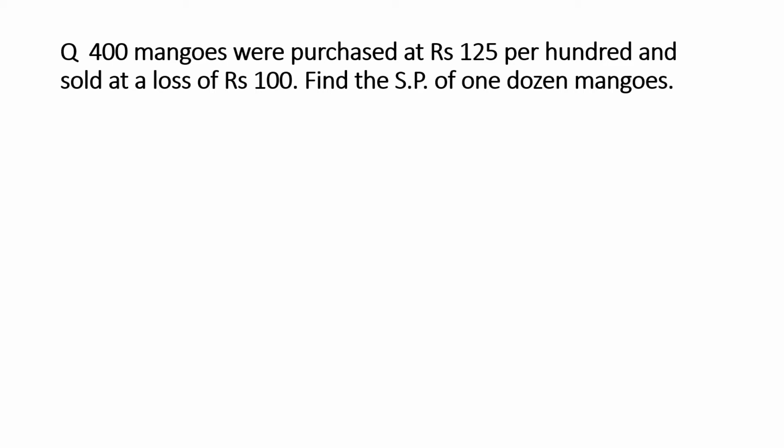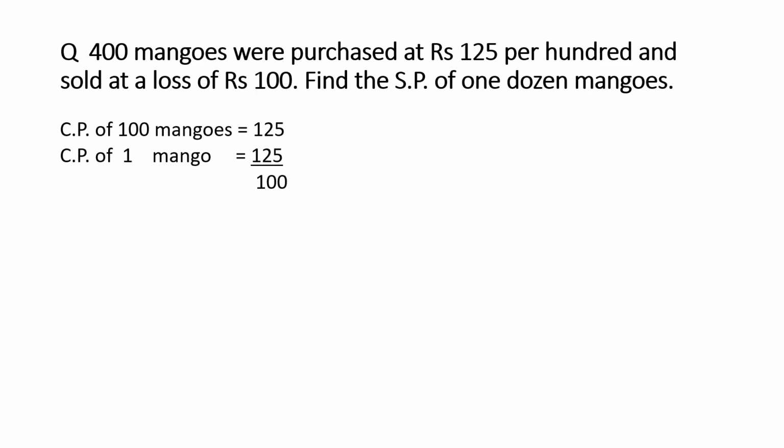First of all, the cost price of 100 mangoes is rupees 125. Cost price of 1 mango is 125 by 100, and then cost price of 400 mangoes is 125 by 100 into 400, that is rupees 500.